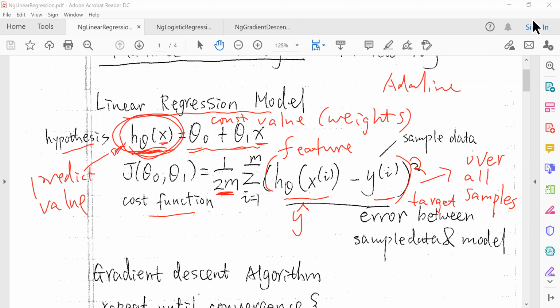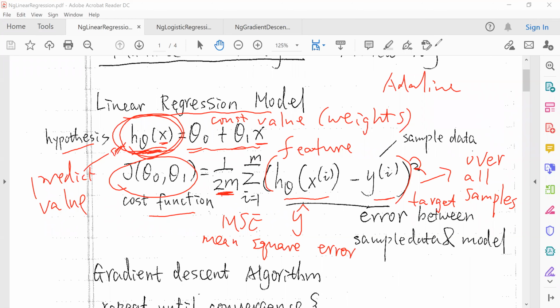Generally speaking, we call this mean square error, MSE. Sometimes it's SSE, pretty similar. This is defined as the cost function, also pretty similar to Adaline.